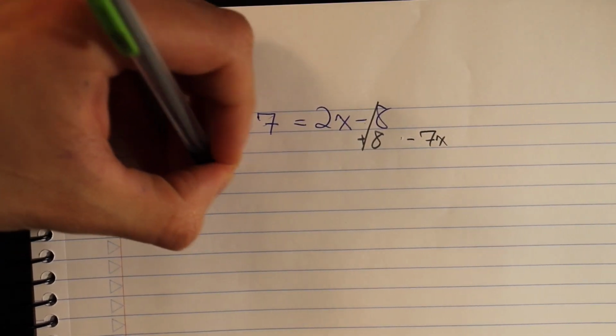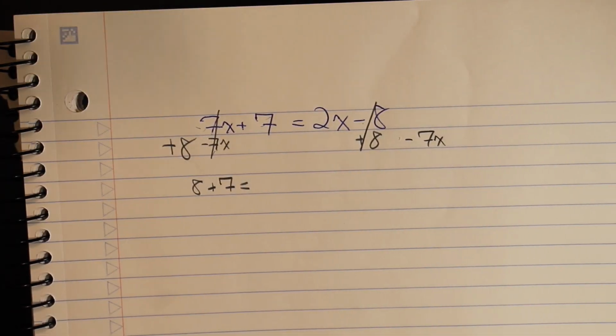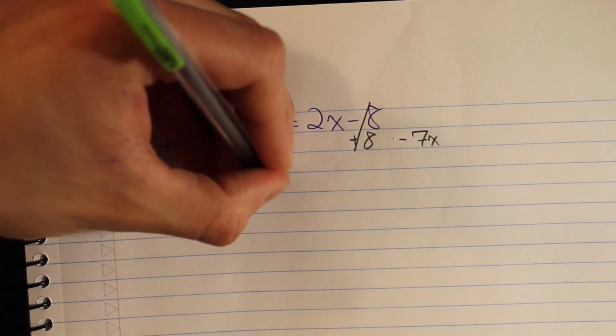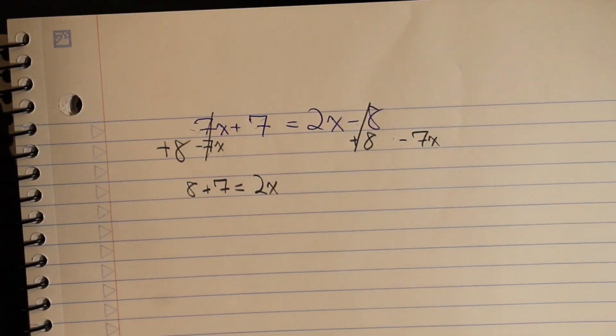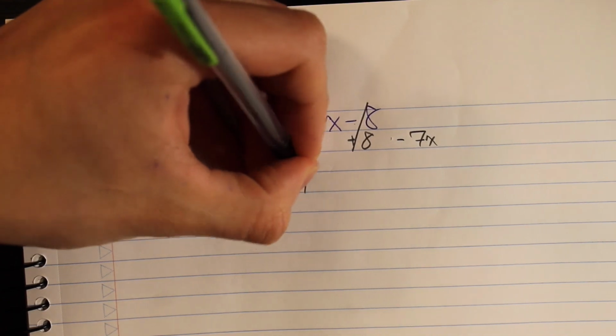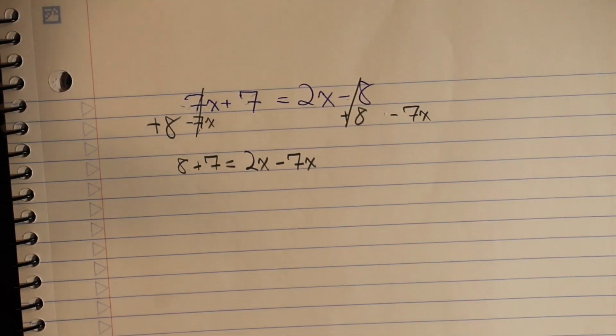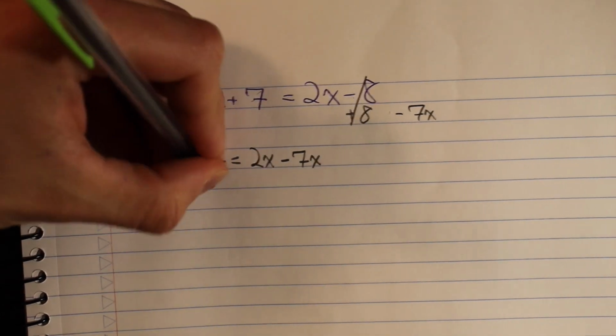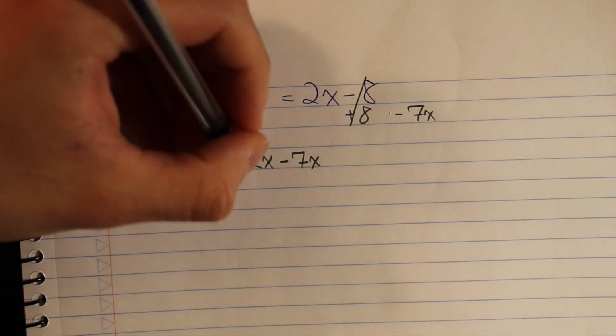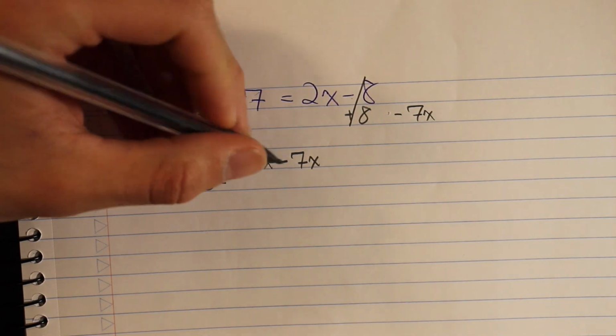You don't have to always do this. Once you become a pro at this, you will automatically understand everything, and you'll simplify and combine the like terms without having to rewrite it. But I want to make sure it's very, very clear. So now we have 15, because 8 plus 7 equals 15. And now we have 2x minus 7x.